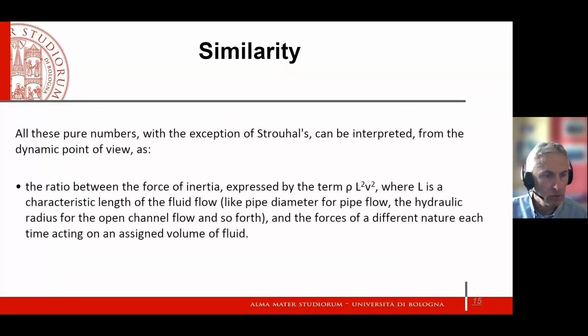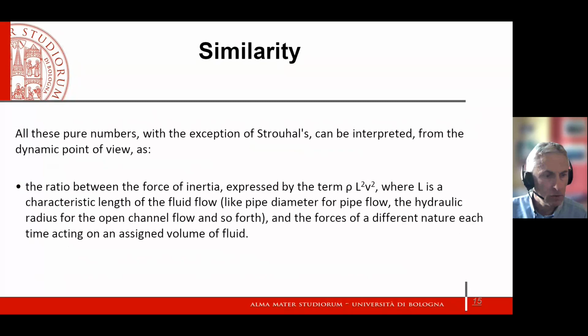There is, on the other hand, the possibility, and I think this is nice and interesting to note, to provide a physical interpretation of these numbers.